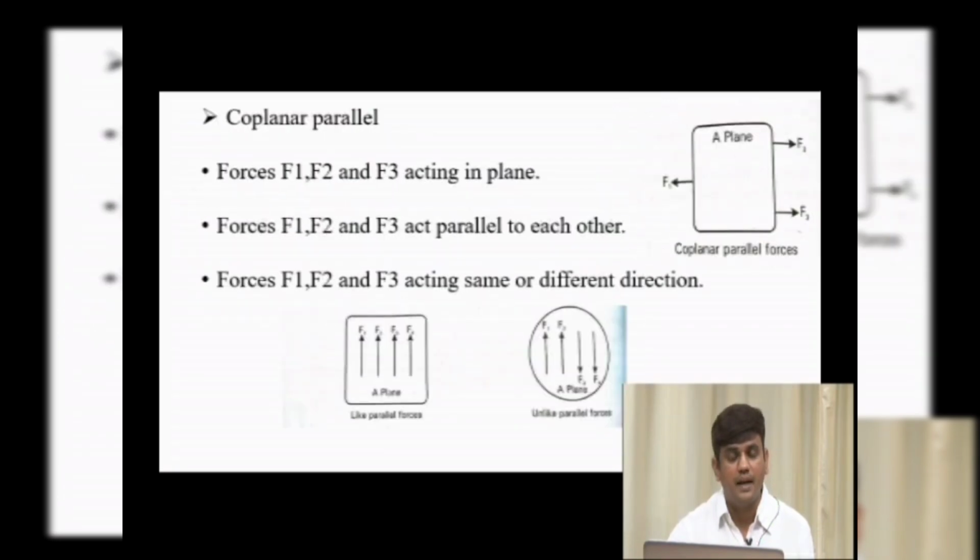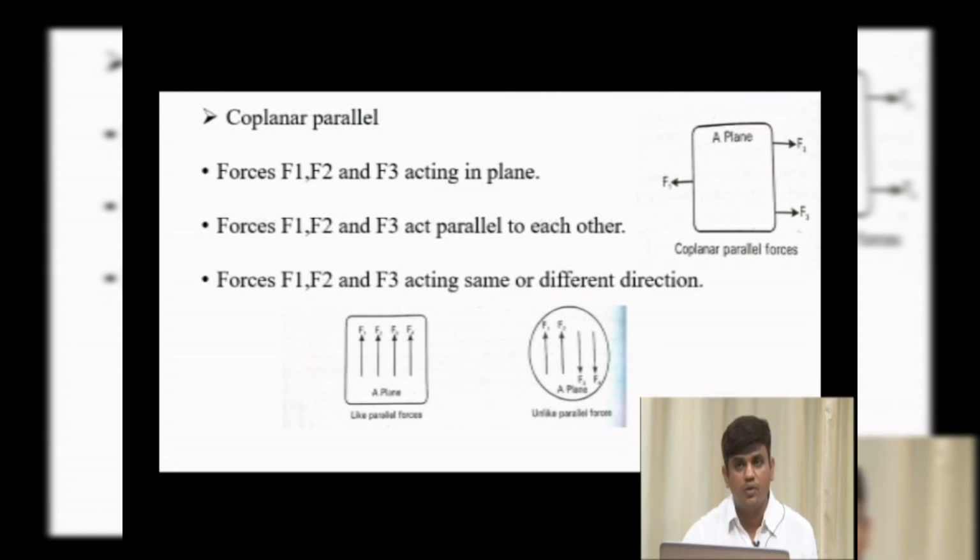Coplanar parallel, that is the third system of force in the coplanar. Here, as we know, F1, F2, F3 act in the same plane, and F1, F2, F3 are parallel to each other. They do not lie in the same line, as in collinear, and do not meet at a common point, as in concurrent.